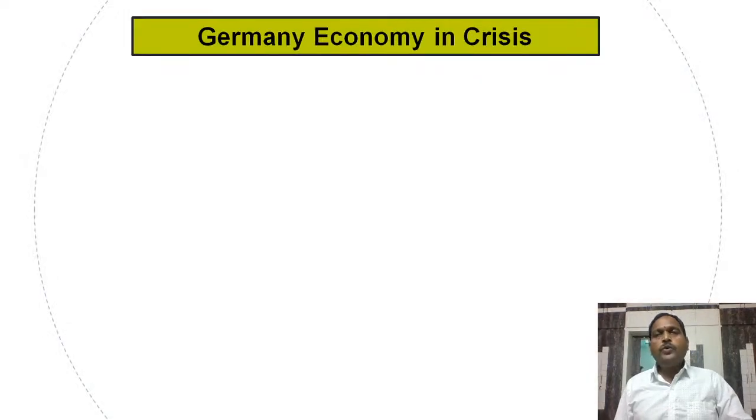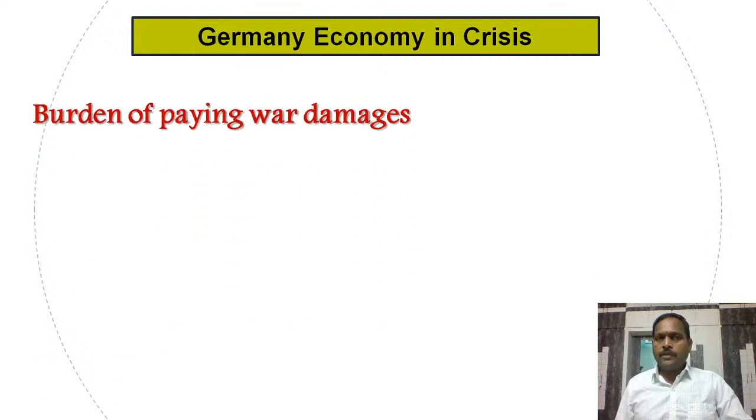Now we are going to discuss the economy of Germany in crisis, because Germany lost World War I at the hands of the Allies, and it is in an economic crisis. First, it has the burden of paying war damages, as the Versailles Treaty imposed huge amounts as war damages on Germany.